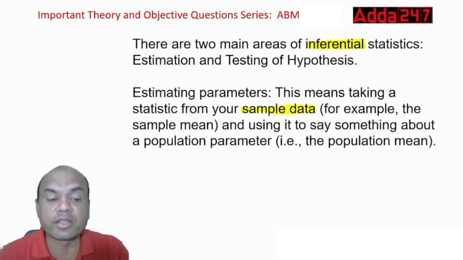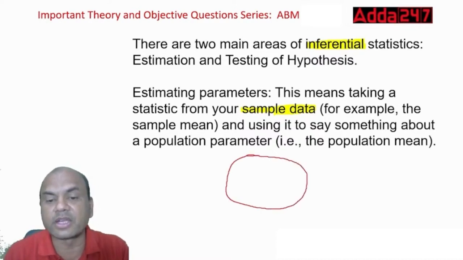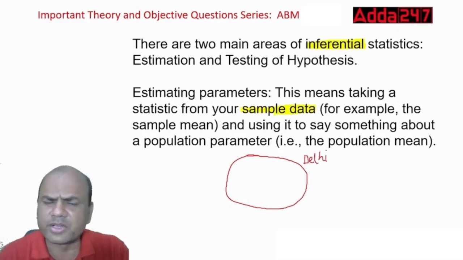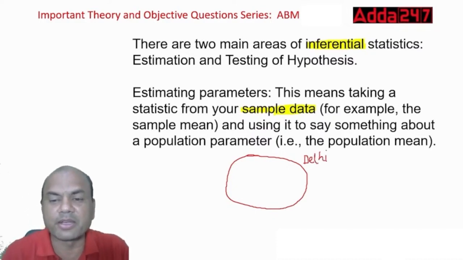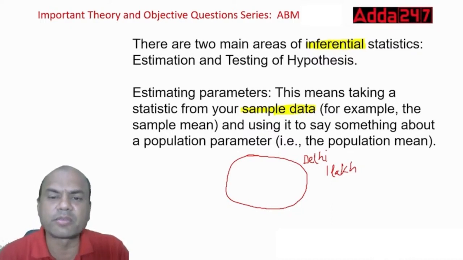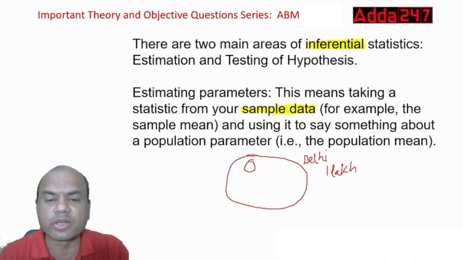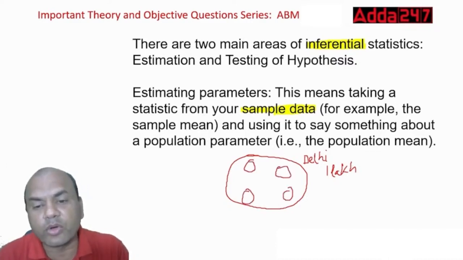Now what do you mean by this concept? Okay, let me explain you. Suppose this is my state, let's say Delhi. Let's say I have to do a survey of 1 lakh people in Delhi. Will I be able to do a 1 lakh people survey over here? Not possible. So what will I do? I'll take samples from 4 corners of Delhi and find out whatever I require.